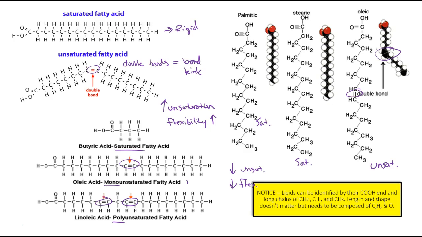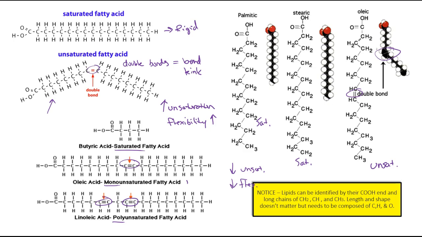Okay? One thing, though, to notice from all of these diagrams, because there's a good chance you're going to be given a diagram or a specific chemical like this on a test, unlabeled, and you're going to have to identify it based on some characteristics that you should be familiar with from carbohydrates, lipids, proteins, and nucleic acids.